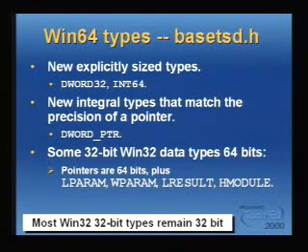I said only pointers by default went to 64 bits. That's not explicitly correct, because there are many data types derived from pointer types. So in addition to explicit pointers going to 64 bits, pointer-derived data types like LPARAM, LRESULT, HMODULE, those kinds of things are also going to go to 64 bits, even when you use those exact types in your source code.